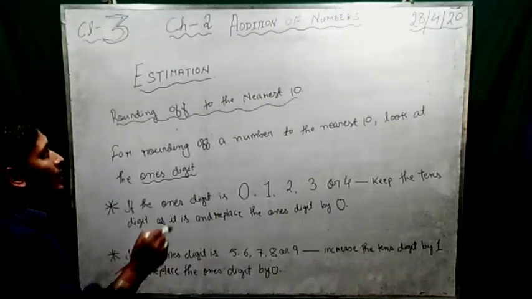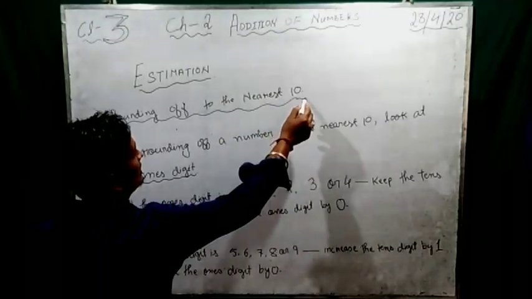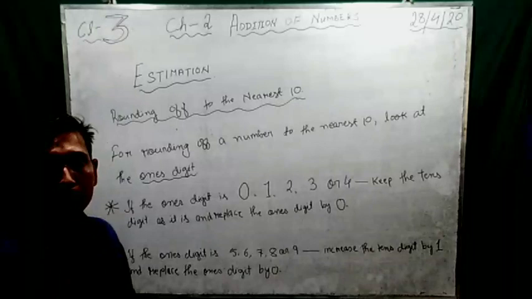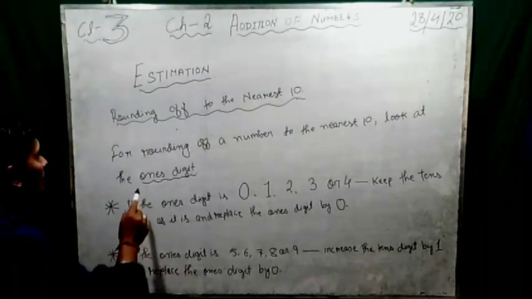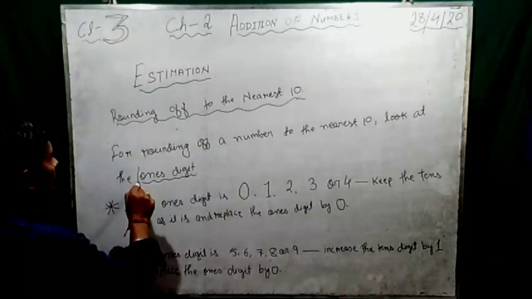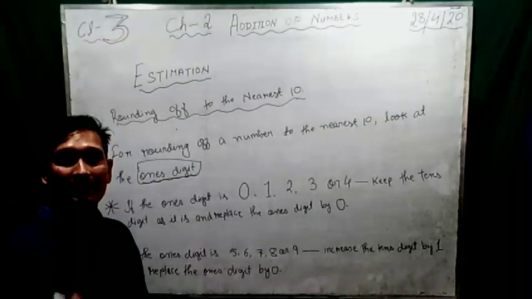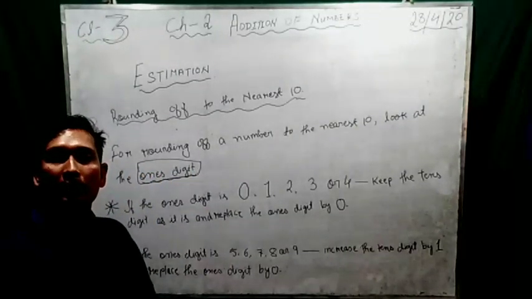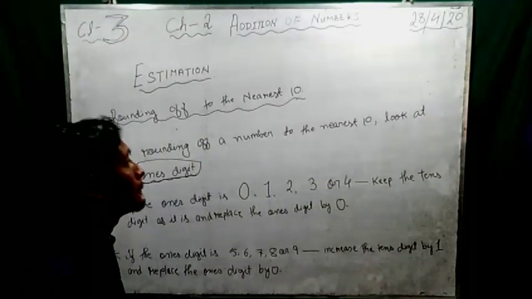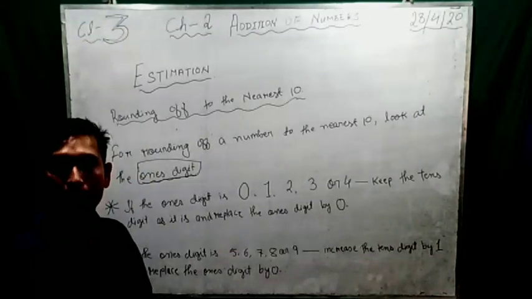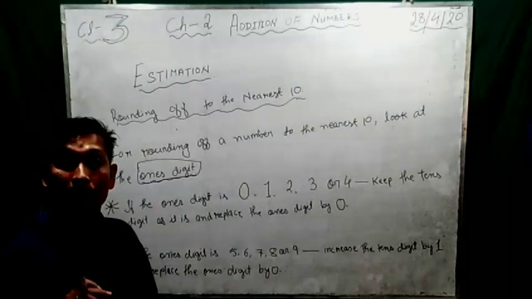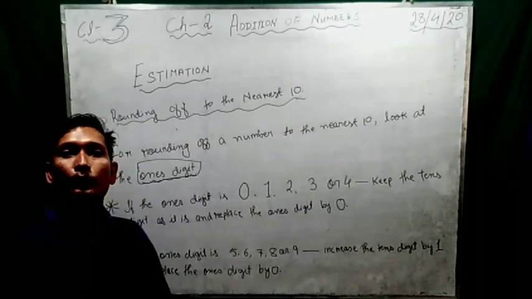Whenever we are rounding off a number to the nearest 10, the main thing is that we have to see the ones digit, which means the number at the ones place. Clear? And that number is close to which one?